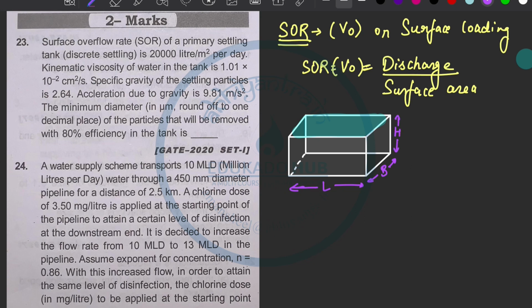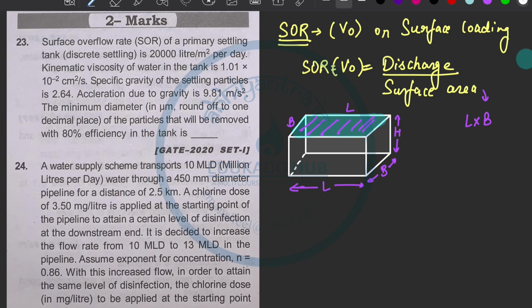This is a rectangular tank. So this is the length, width and height. This is the surface area. The surface area is made up of length and width, so surface area is nothing but L into B.